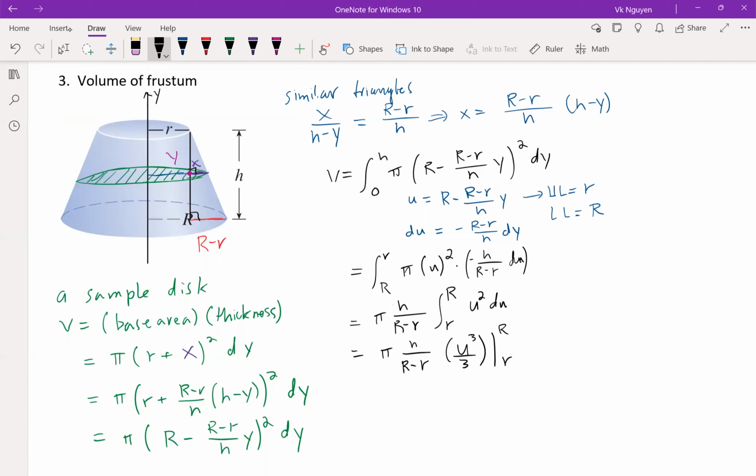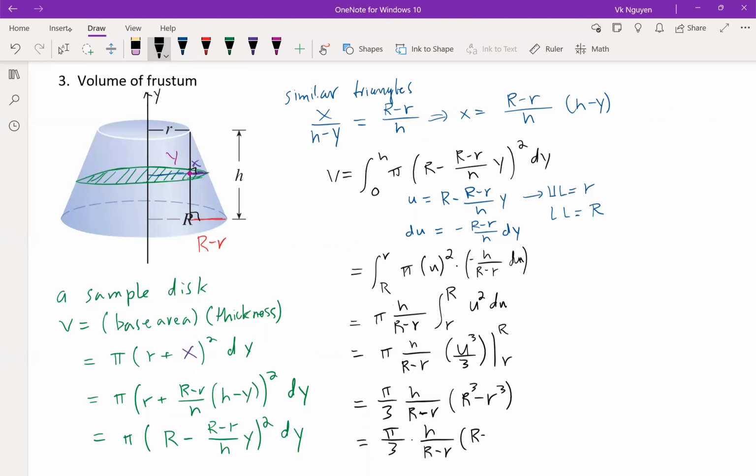Okay, so now do the substitution, and we have pi over 3 h over the bigger r minus the smaller r, the big r cubed minus the small r cubed.